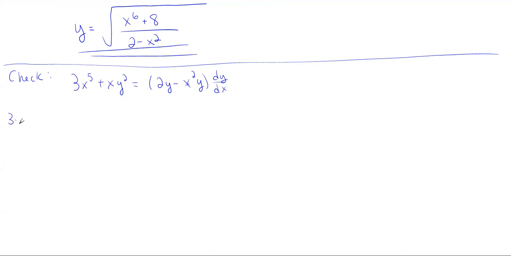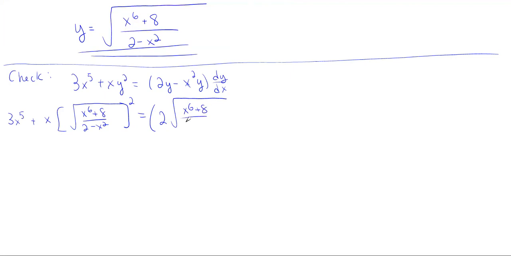So we would have 3x to the 5th plus x times the square root of x to the 6th plus 8 all over 2 minus x squared, and then that entire portion is squared for y, is equal to 2 times our y, which is, once again, the square root of x to the 6th plus 8 all over 2 minus x squared.